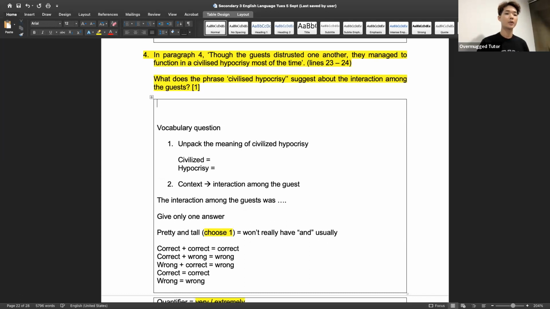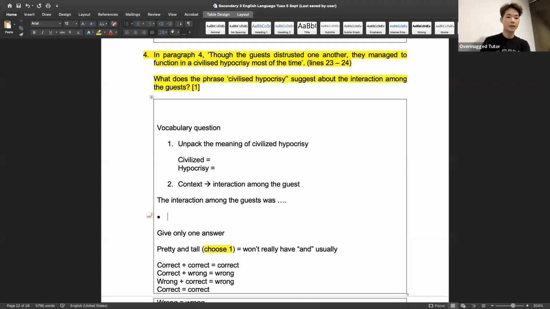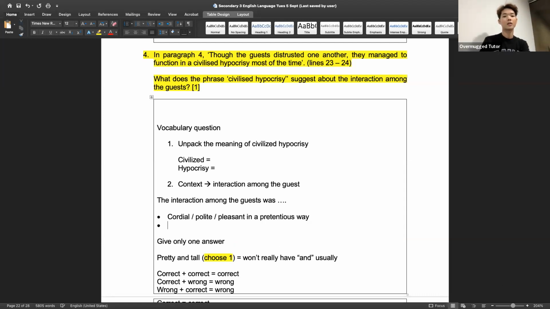So if you manage to get the answer, you would say that the interaction among the guests was either cordial or polite, or pleasant in a pretentious way, or falsely polite.